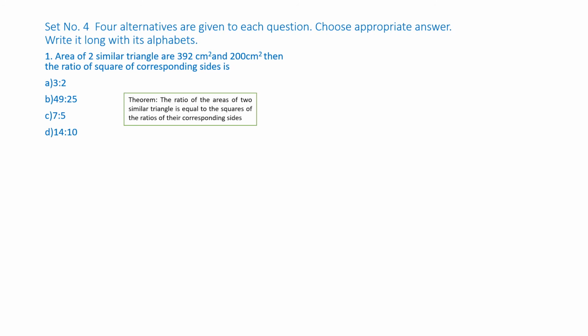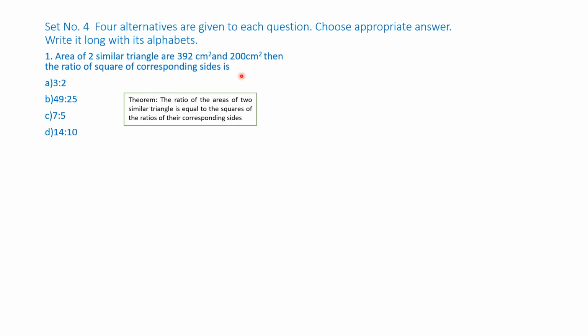We know the theorem behind it. The ratio of areas of two similar triangles is equal to the square of the ratio of their corresponding sides. Therefore, the ratio of the areas of the triangles is 392 divided by 200.